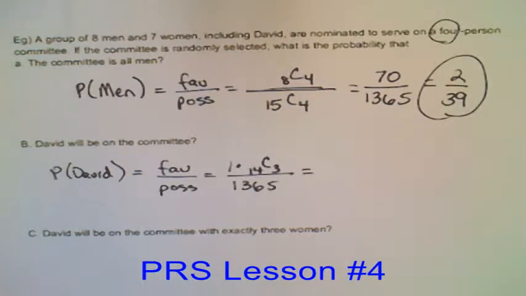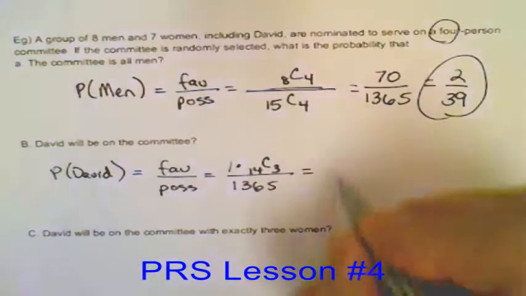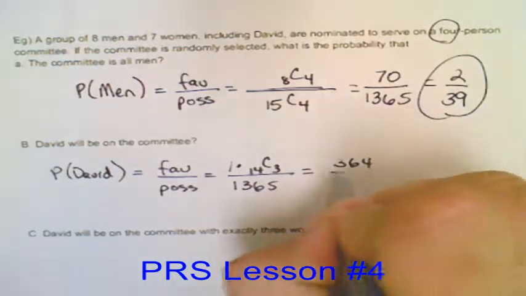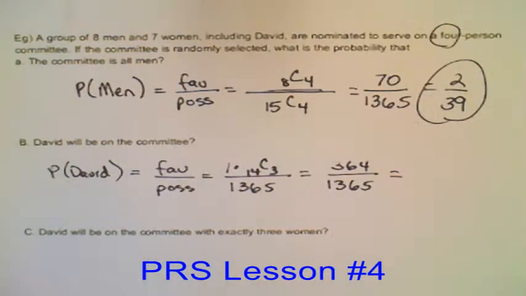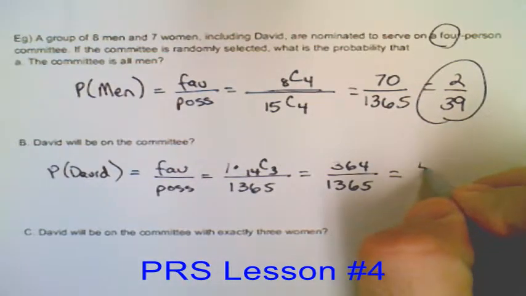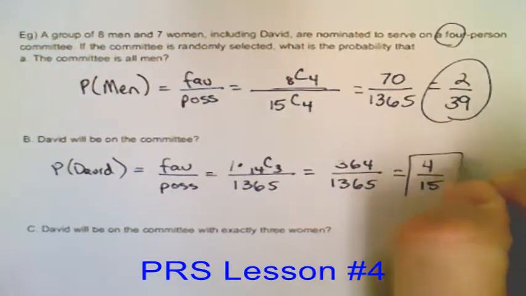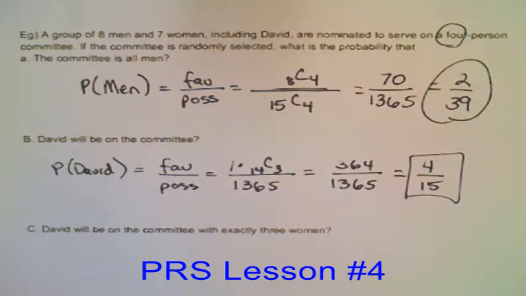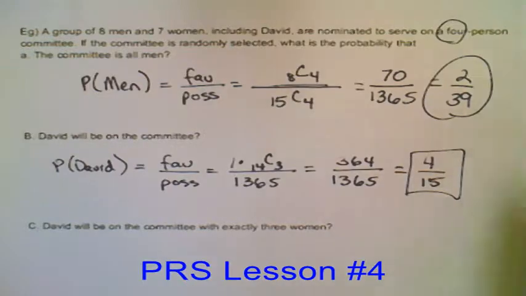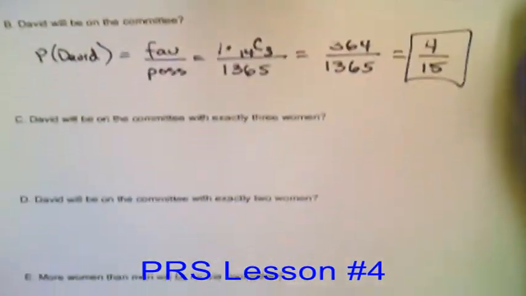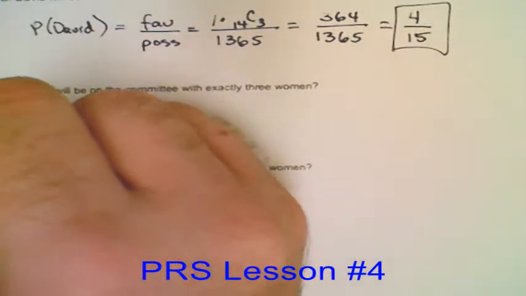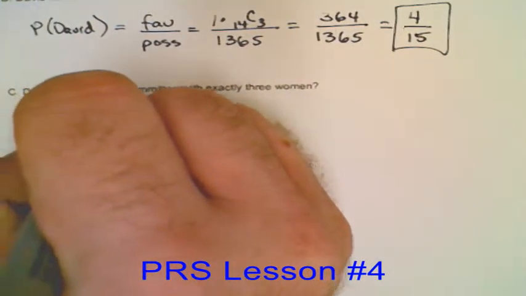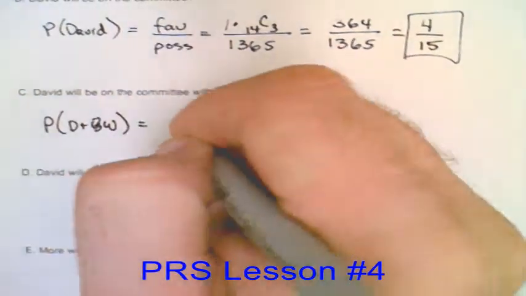If David is included in these 15 people, there are 14 left, and I've got to choose 3 of those. So I get 1 times 14 choose 3. If I figure that out, I get 364 over my 1,365 because the possible stays the same. If I do that as a fraction and reduce it, I get 4/15 and I'm done. So on and so forth. So there's a 4 in 15 chance that this happens.